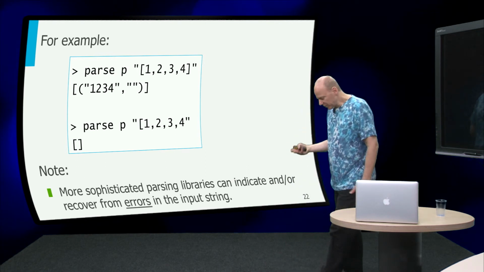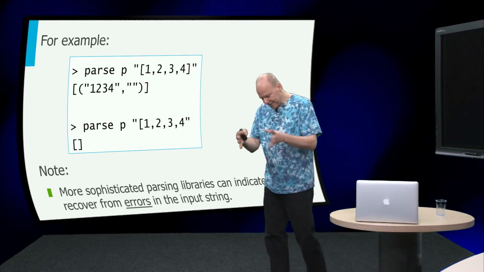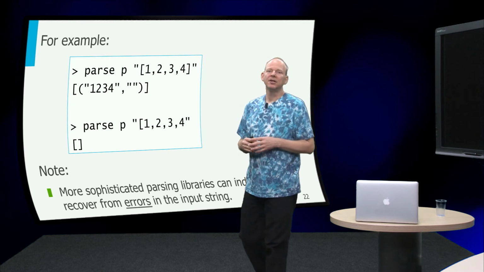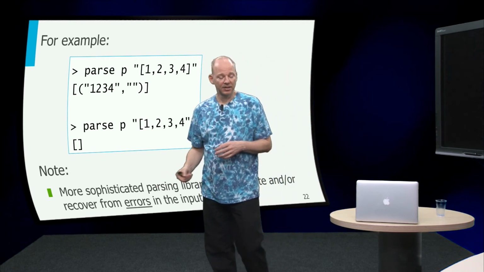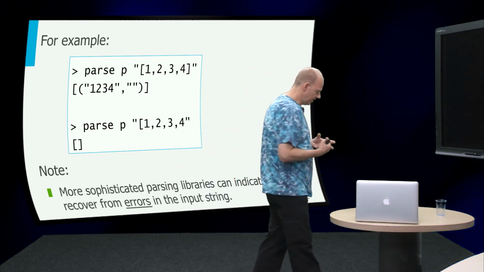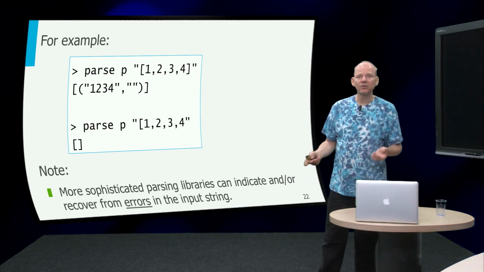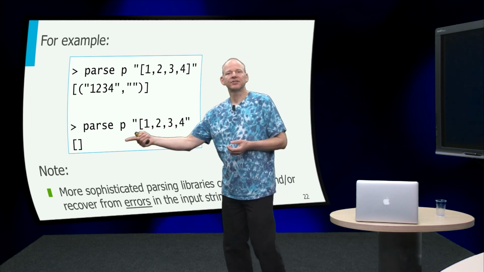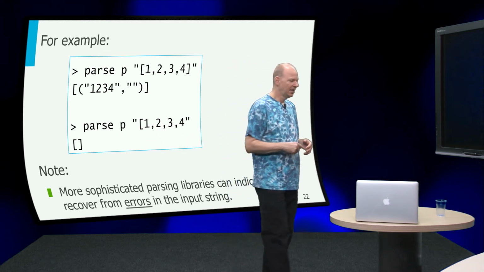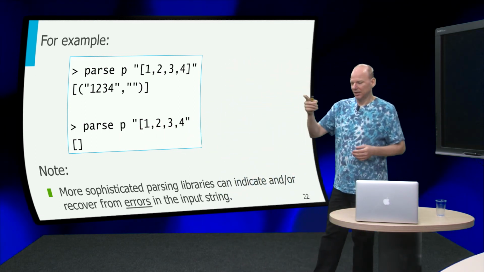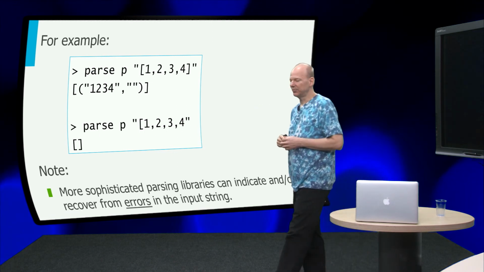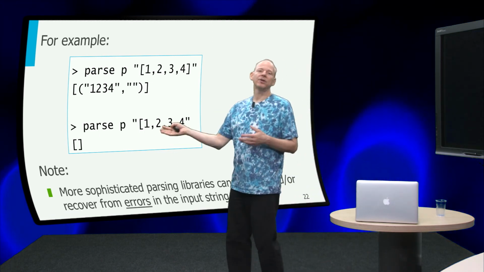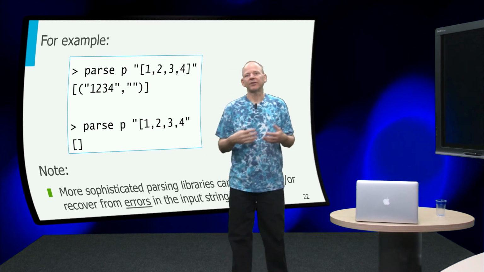Okay? Now, of course, as we said, this is a super simple parser. If you want to write a real parser, or if you want to use a parser in real code, you typically want to do something smarter when there are errors than just returning the empty list. At least you want to give the position in the input list where things go wrong, or you want to try to correct errors or whatever.